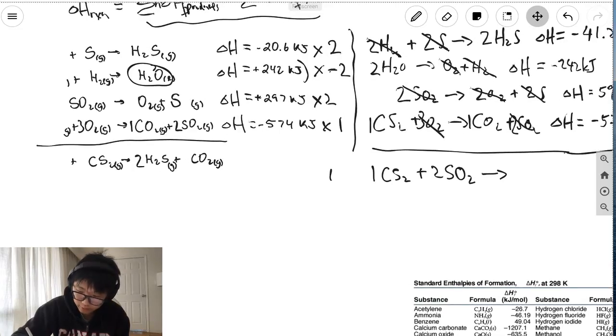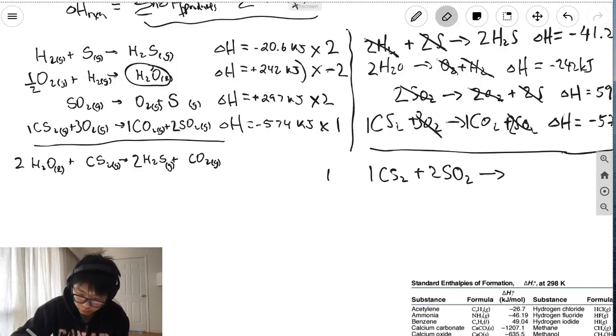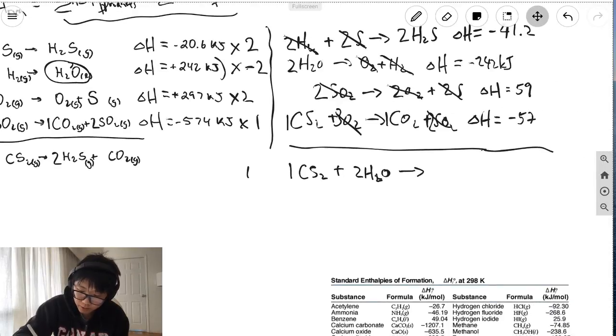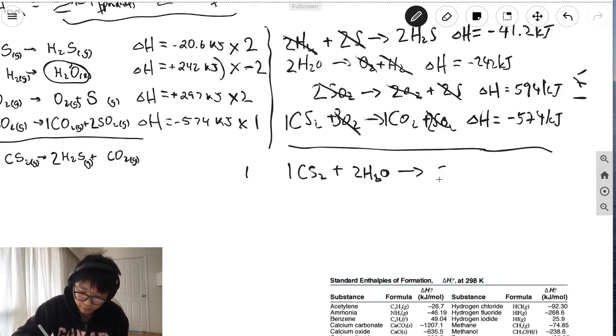What was the actual thing? It was H2O. That's why. So we forgot to cancel that one. I didn't see the H2O because I just remember there were 2 things on there. So we got the water, we got the CS2, and then on the product side, what else do we have? We have 1 of those CO2s, and then we have 2 of those H2S's, right?